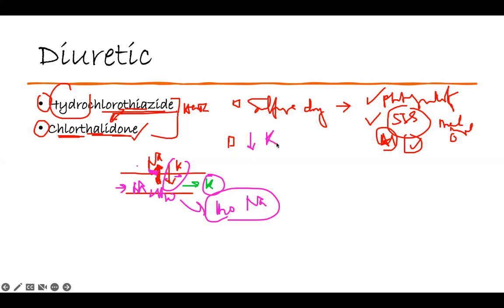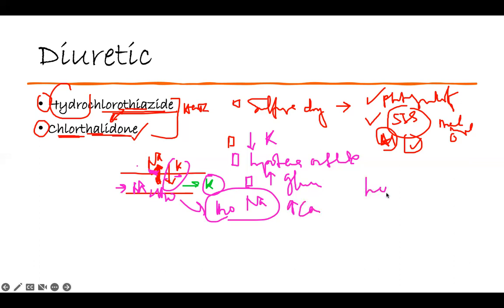Potassium is low, so it causes hypokalemia. And because you lost a lot of water and fluid, you have hypotension, usually orthostatic hypotension. Their glucose is high. Calcium level also goes up, so high calcium.